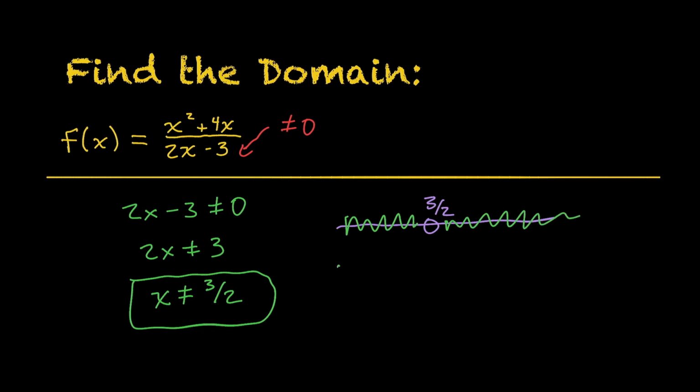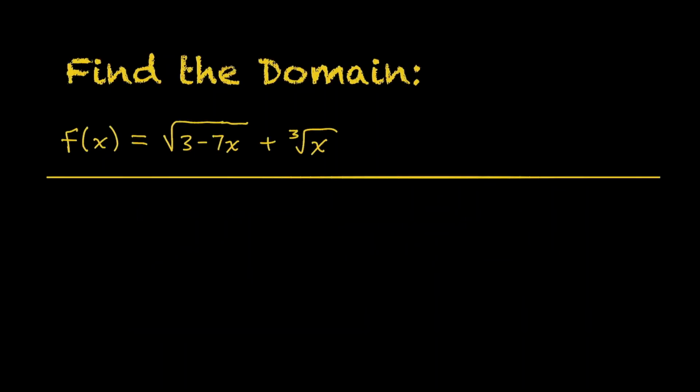So our first interval is negative infinity to 3 halves. And remember, we use parentheses when we don't include the point, and we don't want to include 3 halves. And then we also have 3 halves to infinity on the right side. So we have negative infinity, comma 3 halves, and then 3 halves, comma infinity, with parentheses everywhere. And remember, we do a little union sign in between these two intervals.